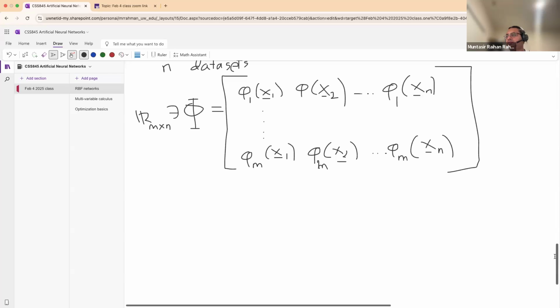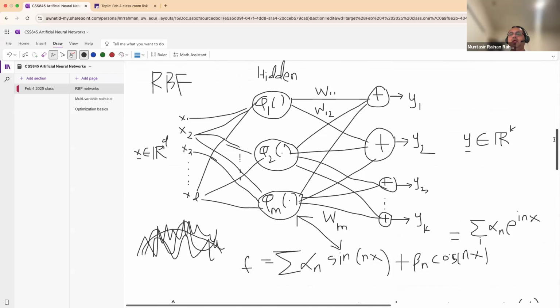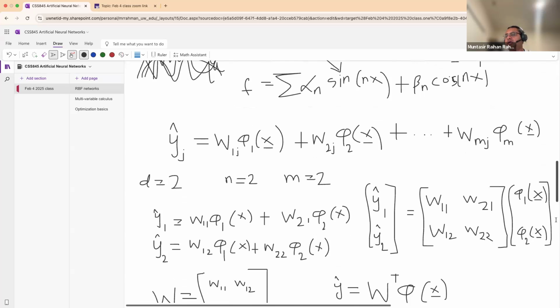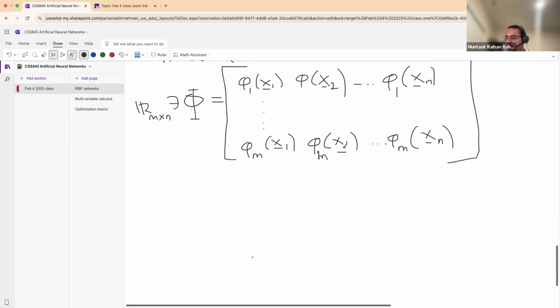Now if you look at the weight matrix, the first dimension is the number of radial basis functions, and the second dimension is the number of output components. So my weight matrix W should be in the space of R, M by K, where M is the number of radial basis functions and K is the number of outputs. So that should be my weight matrix.